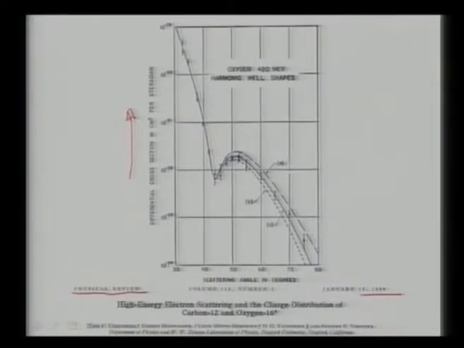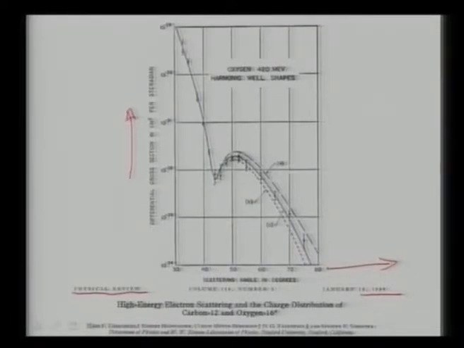At this moment, you just think that it is proportional to the number of electrons which are coming at that particular angle. On the horizontal axis, it is the scattering angle in degrees. So, from the initial direction of the electron, through which angle the electron is scattered, and how many of them are scattered at that particular angle. So, that is plotted here.